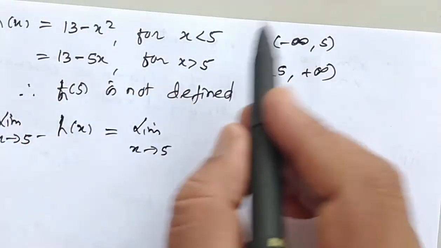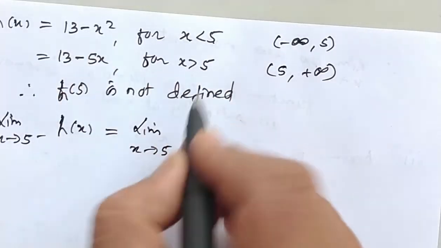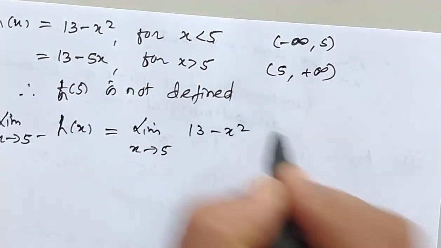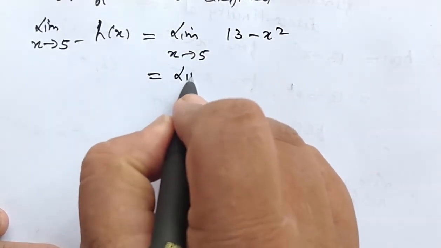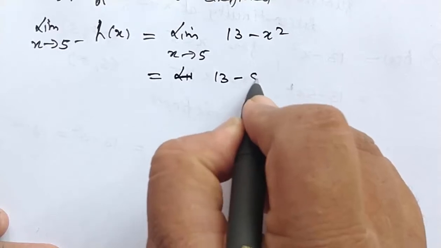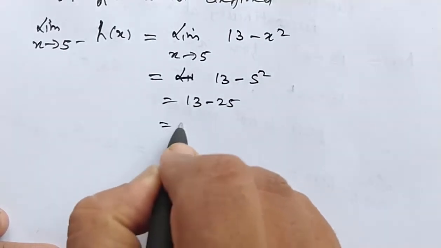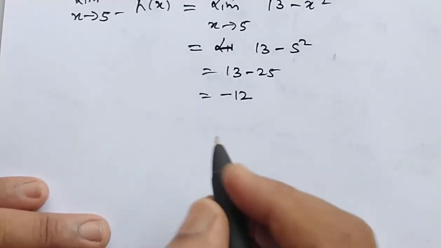The h of x to the left, that is x is less than 5. The definition is 13 minus x square. Putting x is equal to 5, we get 13 minus 5 square. It is equal to 13 minus 25. It is equal to minus 12.